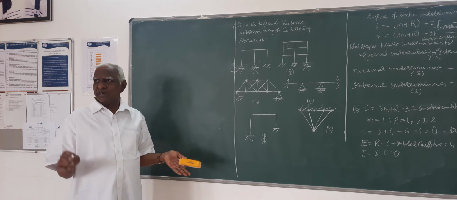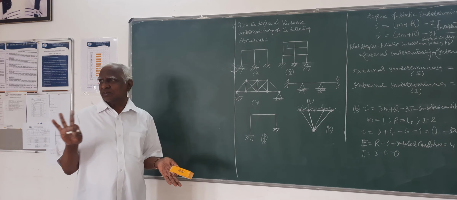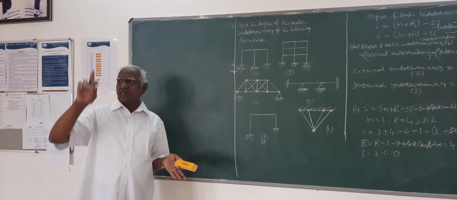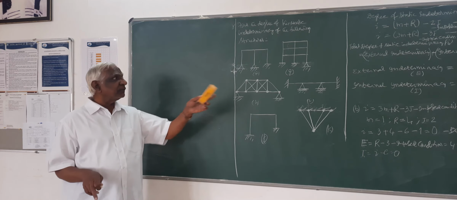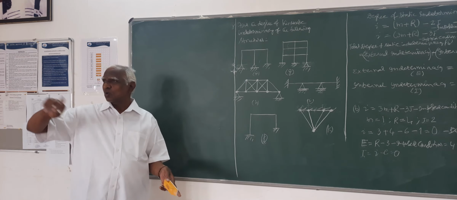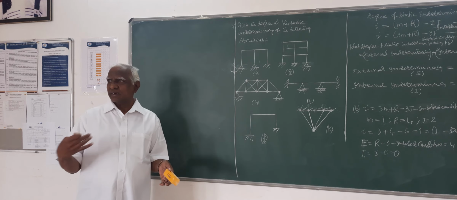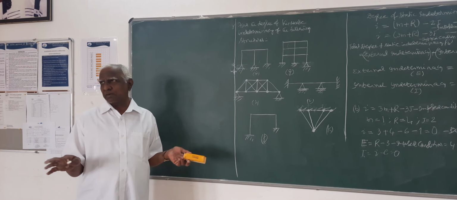At each joint in all planar structures we have three displacements: horizontal displacement, vertical displacement and a rotation. But if it is pin jointed, rotation is allowed, and the other two are also possible.